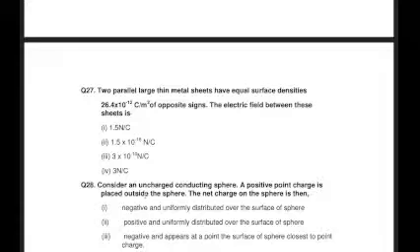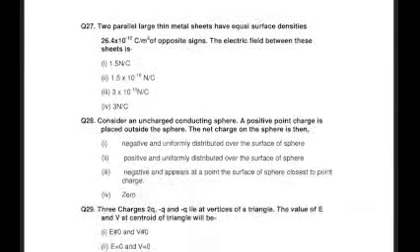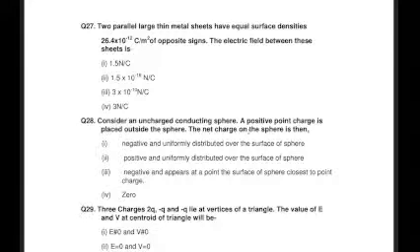Question number 28. Consider an uncharged conducting sphere. A positive point charge is placed outside the sphere. The net charge on the sphere is then: 1. Negative and uniformly distributed over the surface of the sphere. 2.